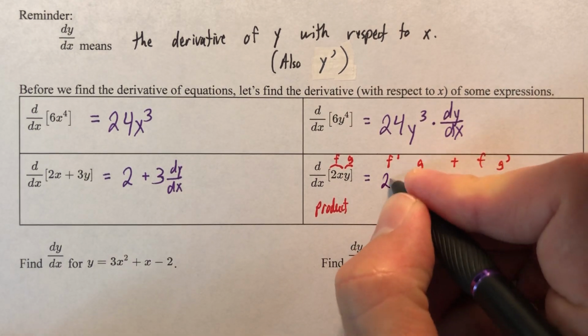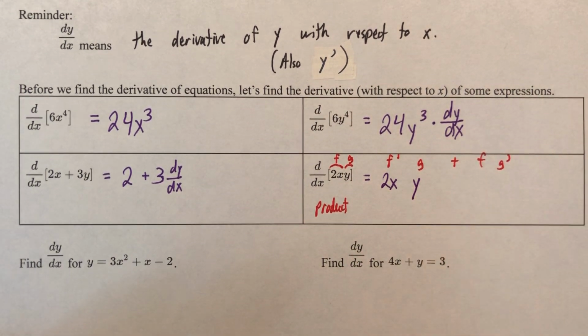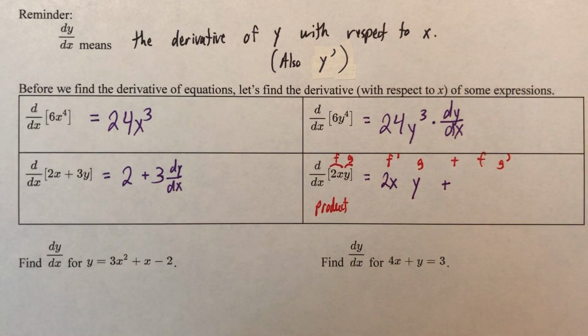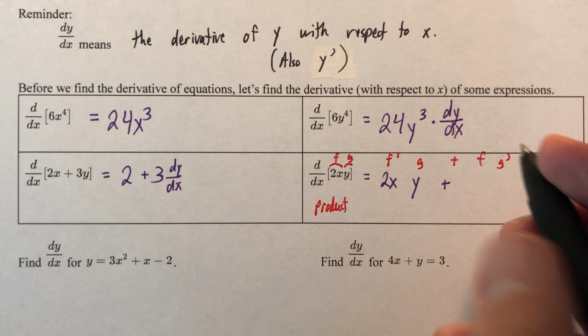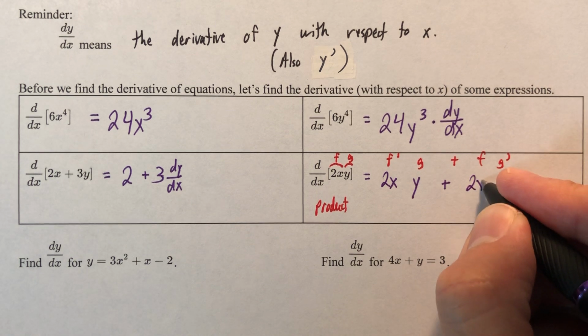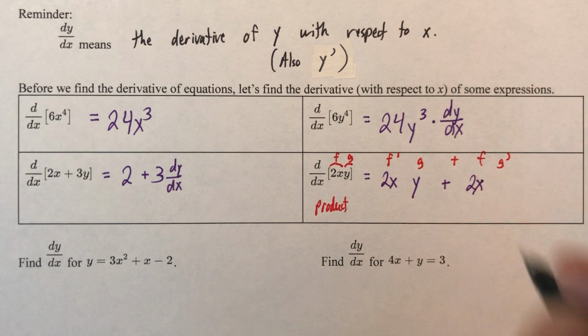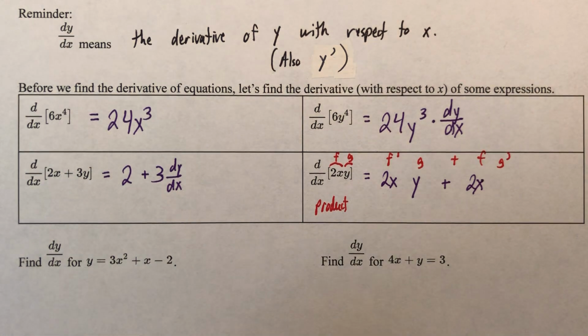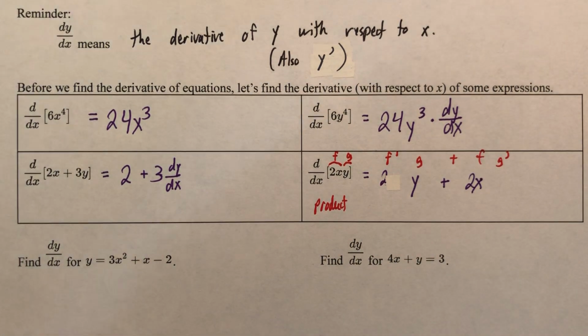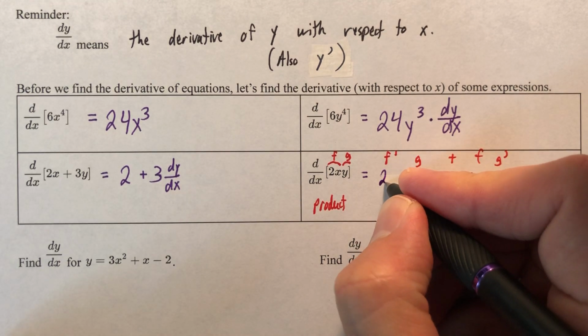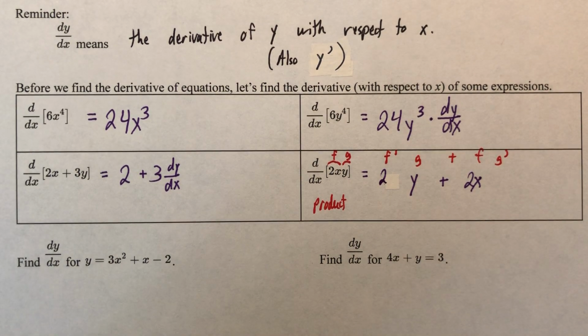F prime g plus, okay, pause for a second. I did not take the derivative of g. I'm about to, though. Plus f. I just messed up, and it's not too tragic. F prime would be just 2, not 2x. Sorry, just 2. Sorry about that. 2y, these are multiplied. There's just a big gap.